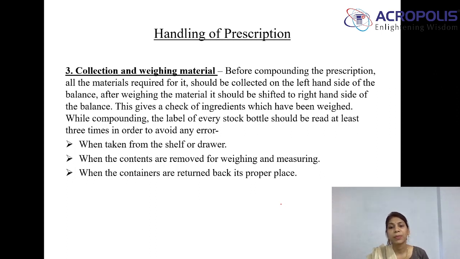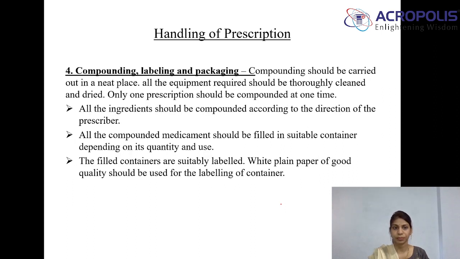While compounding, the label of every stock bottle should be read at least 3 times in order to avoid any errors. First, when taken from the shelves or drawers. Second, when the contents are removed for weighing and measuring. Third, when the containers are returned back to their proper place.